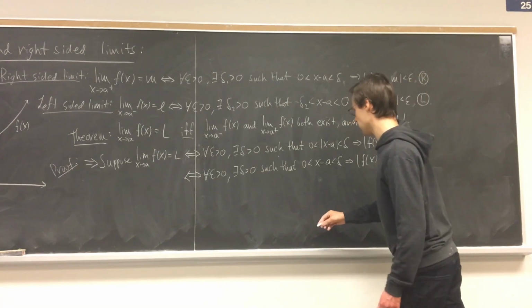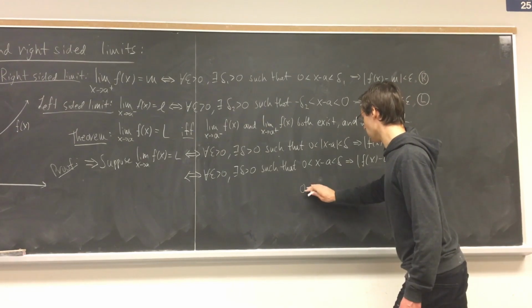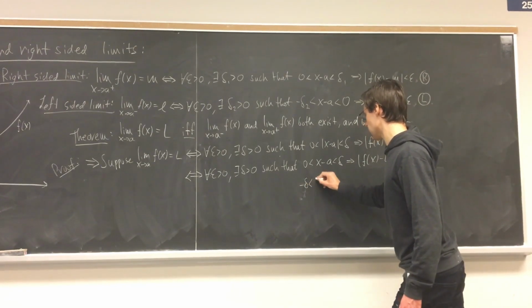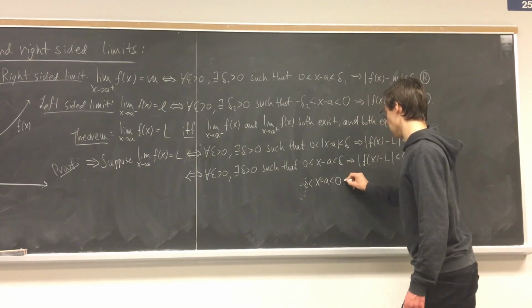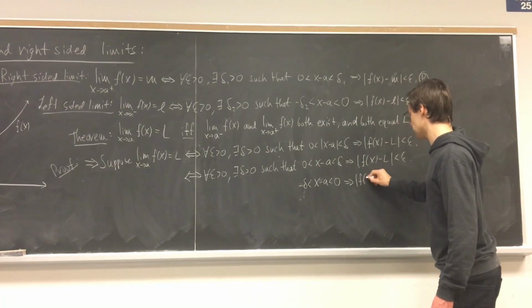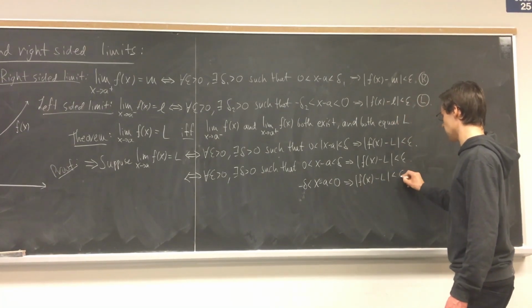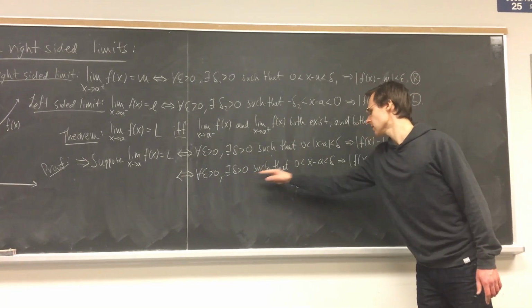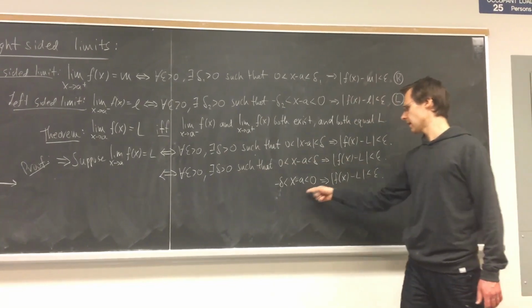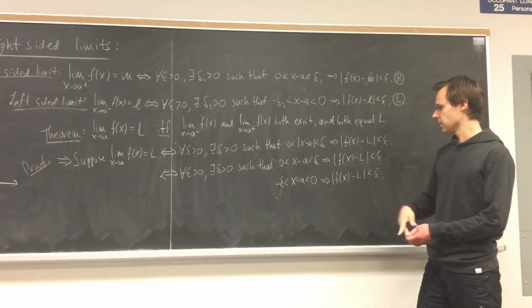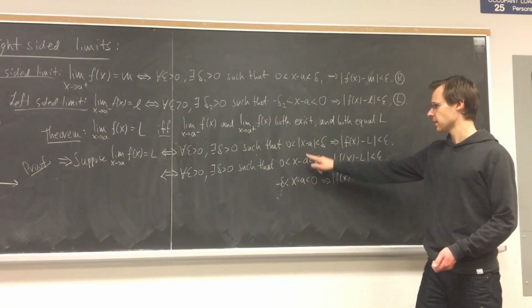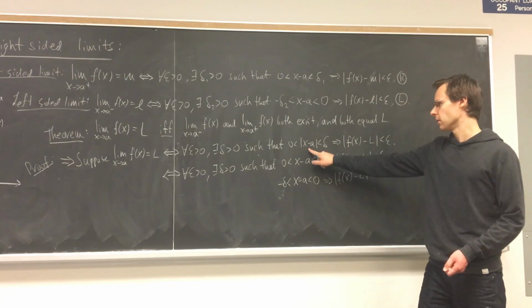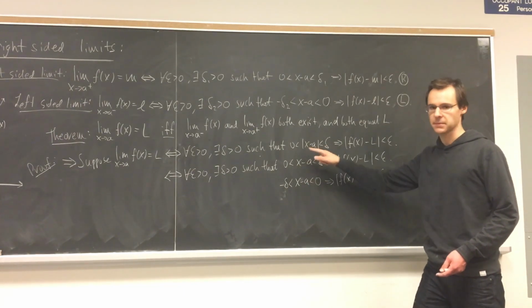And on the other hand, negative delta less than x minus a less than 0 implies absolute value of f of x minus L is less than epsilon. Okay? So there's a single delta such that this piece implies that, and this piece also implies that. Right? Both of these, when you combine them together, you get that. Or this splits into these two statements.